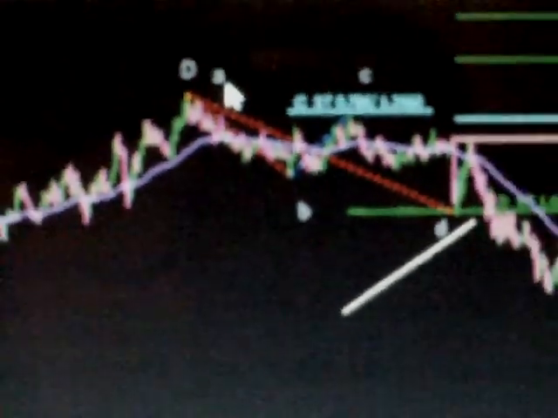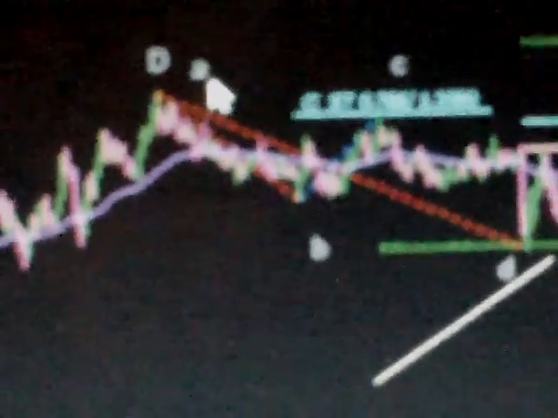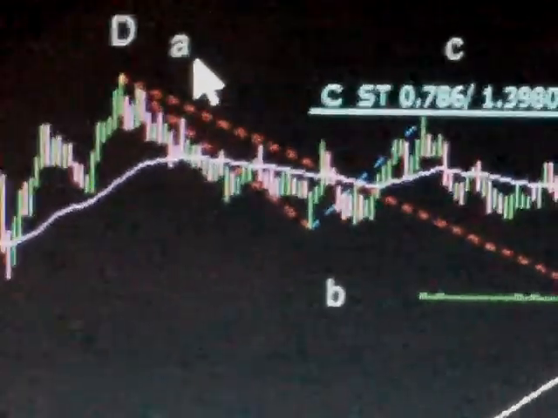And so once it gets to this little point A, it looks like a decline in the context of the 3-minute trend. Try to get that in focus. There we go.